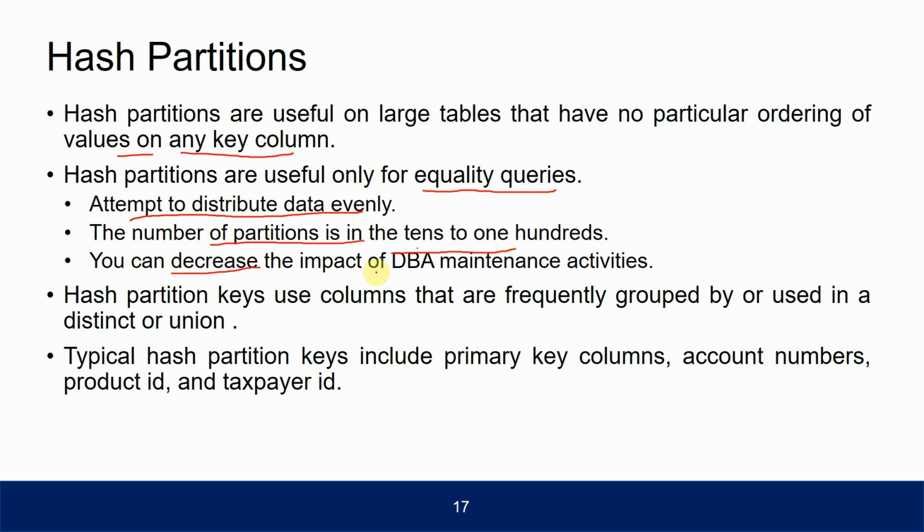You can decrease the impact of DBA maintenance activities if you use hash partitions effectively. Hash partition keys use columns that are frequently grouped by or used in a distinct or union. Typical hash partition keys include primary key columns, account numbers, product IDs, or taxpayer IDs, or that kind of column which includes grouping of data.